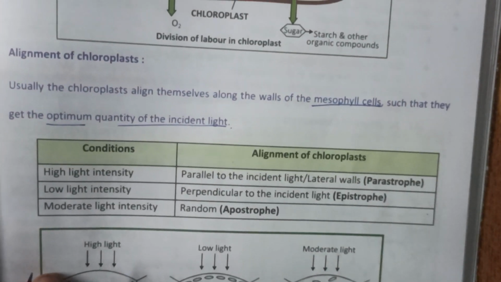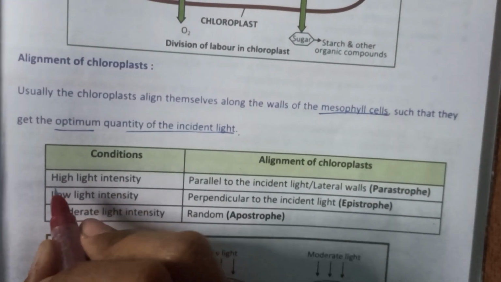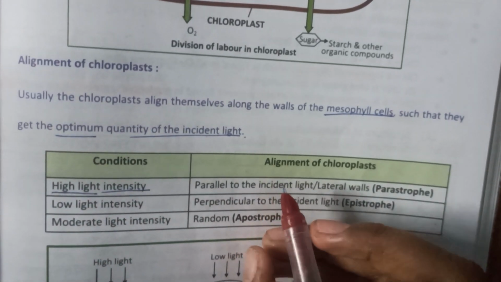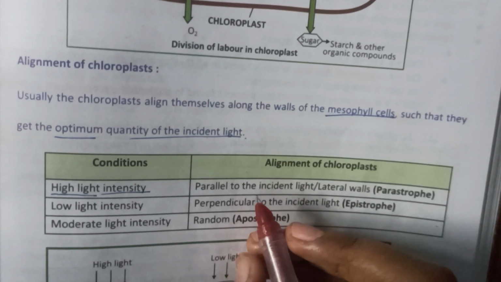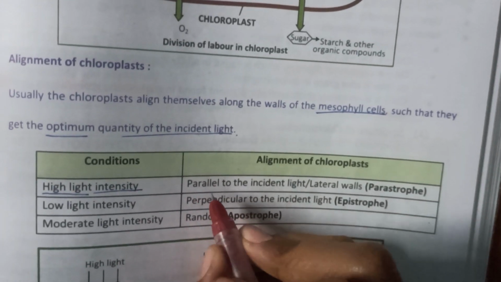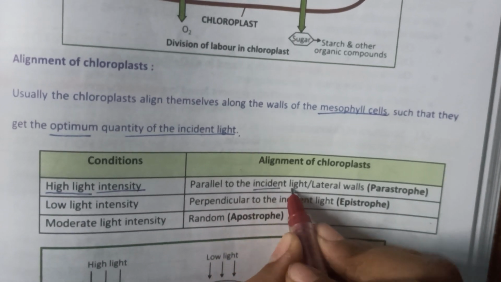So in which conditions how are the chloroplasts aligned? In high light intensity, that is during midday, 12 to 2 p.m., the chloroplasts are aligned on the lateral walls, parallel to the incident light.